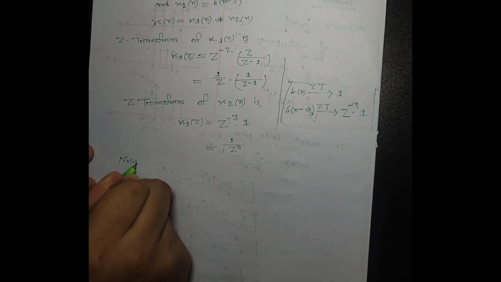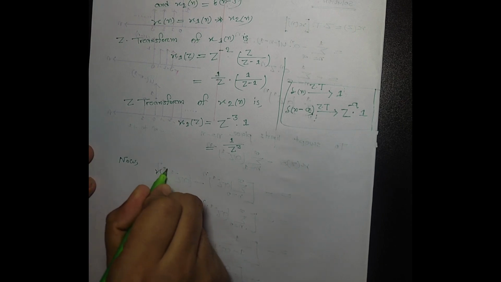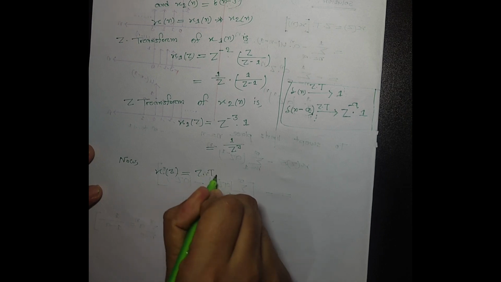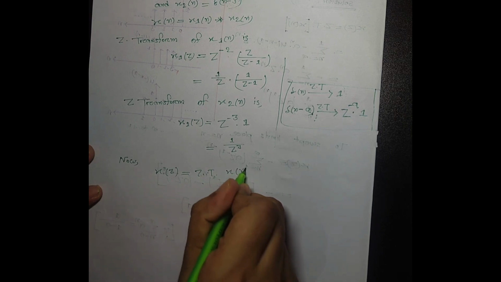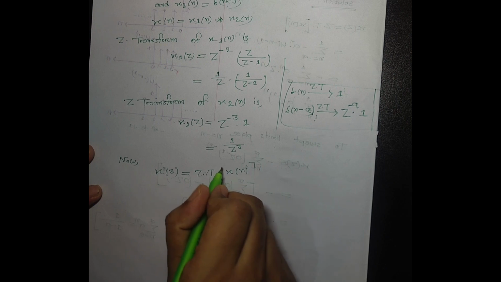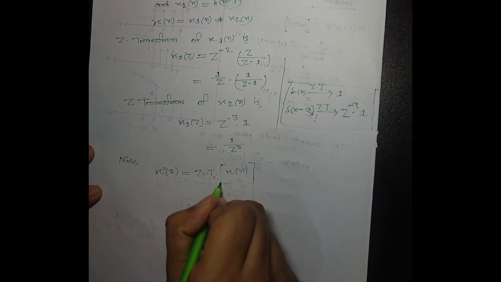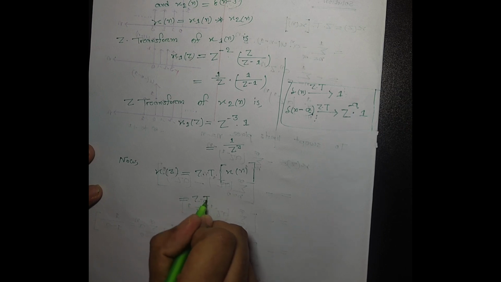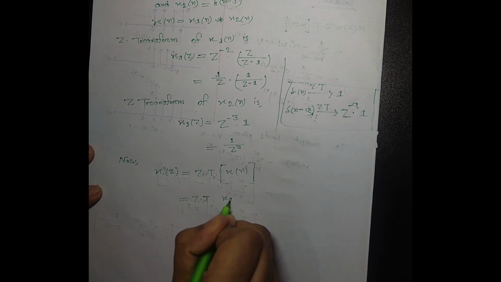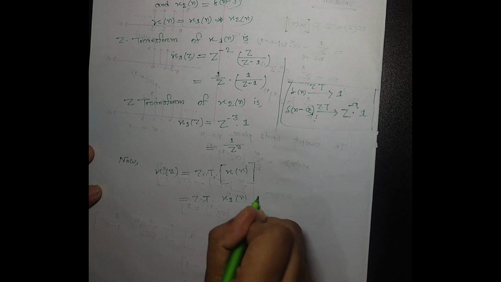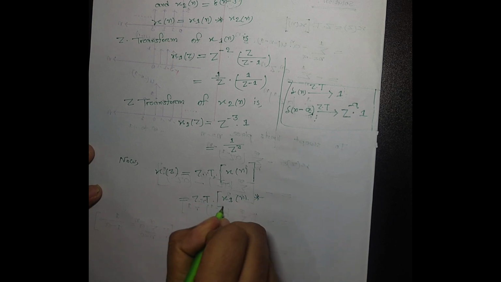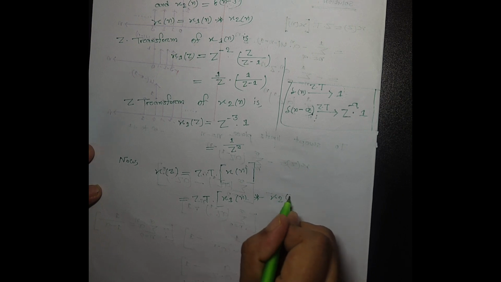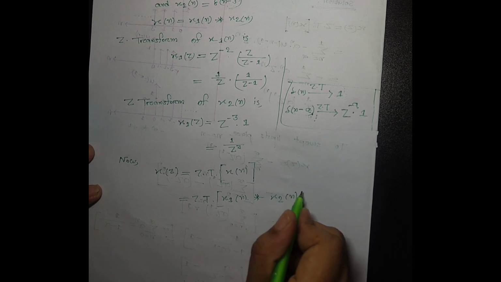Now X of z equal to Z transform of x n, Z transform of x1 n convolution of x2 n.